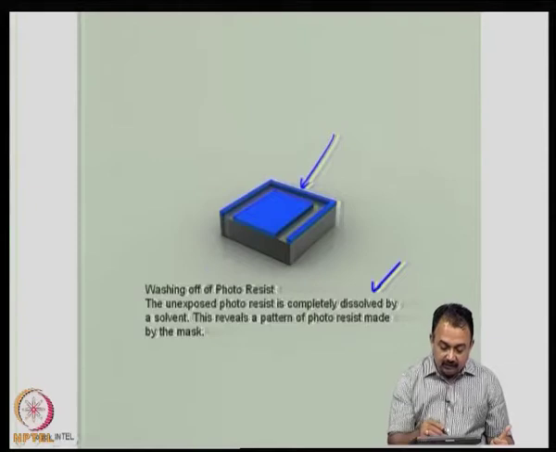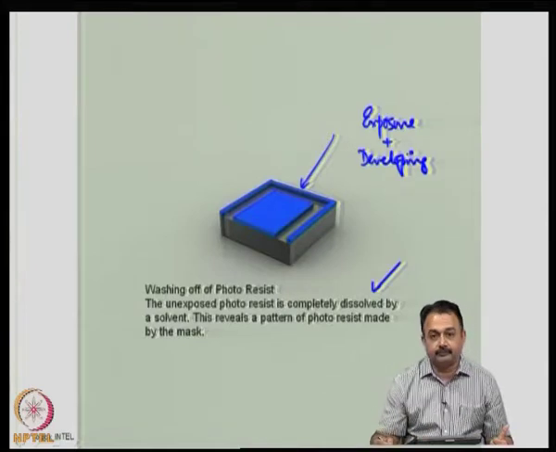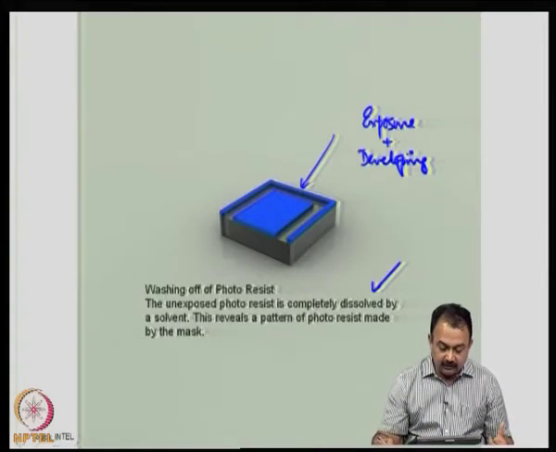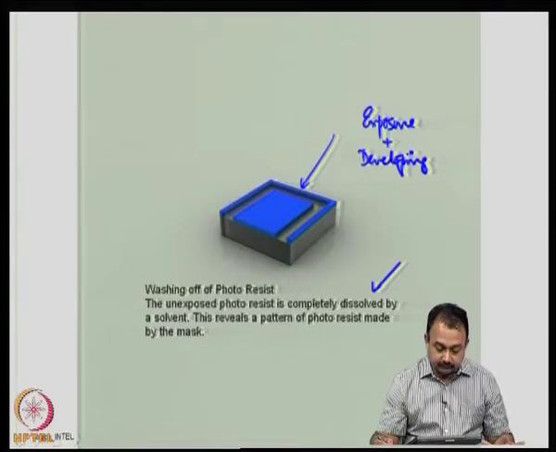So, this process of exposure plus the developing will give you a completed image. This reveals a pattern of the photoresist made by the mask.